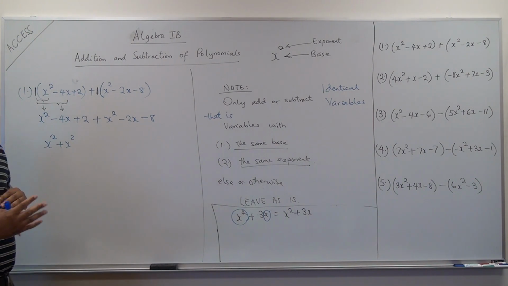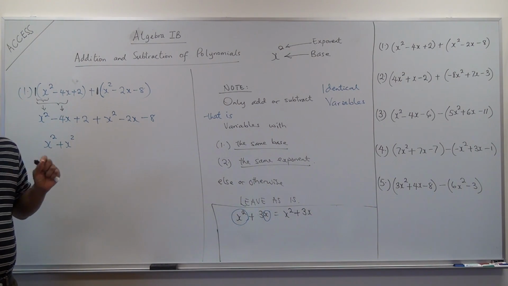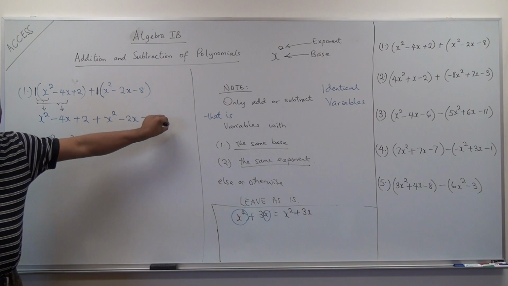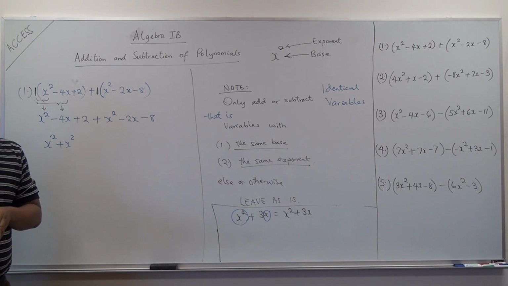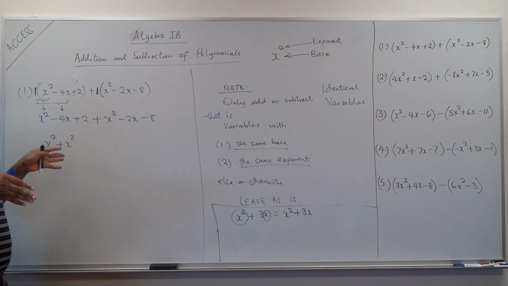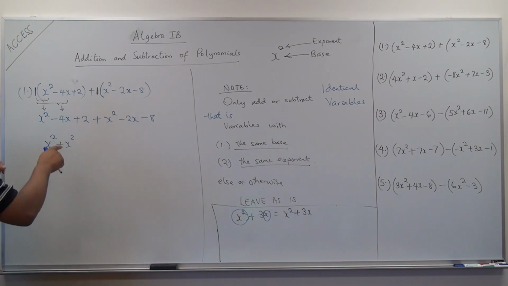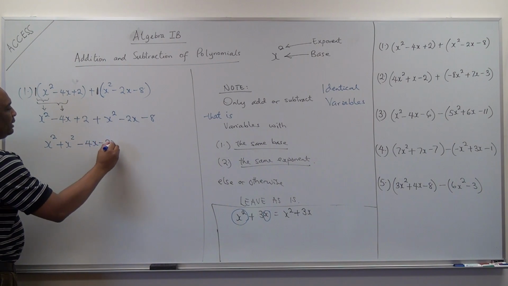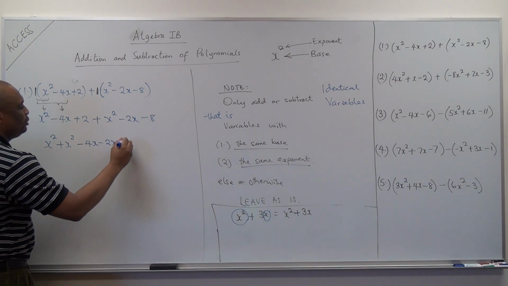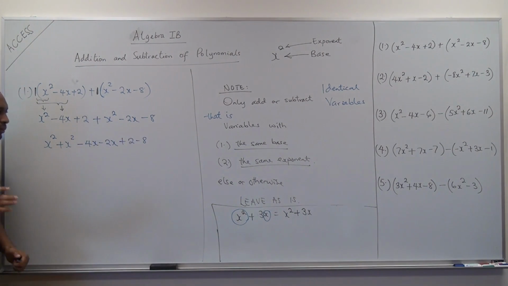This is a polynomial function. It is not an equation. You don't see any equal sign. So do not change signs. Get it with the sign. So then you have negative 4x, negative 2x, and then plus 2 minus 8.